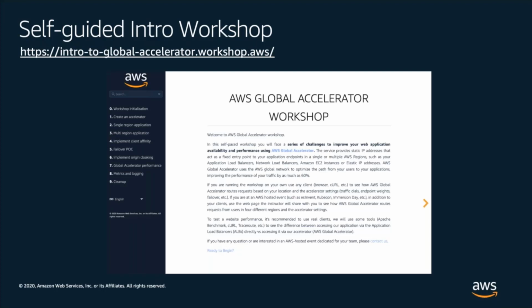So it is very comprehensive. It might take an hour or so, but if within your organization or even just for yourself you want to really dive into how to use Global Accelerator in a safe environment, I highly recommend you follow this workshop, and that's the link.